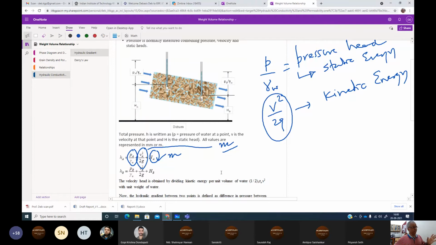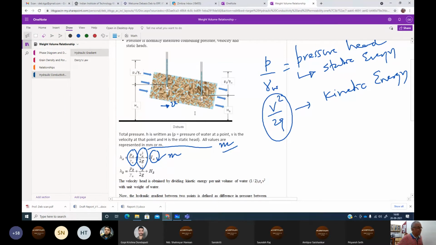It is the total combined. So there may be a velocity here which causes a certain kinetic energy, and from that the head difference is created. So this combined is what we call the head.